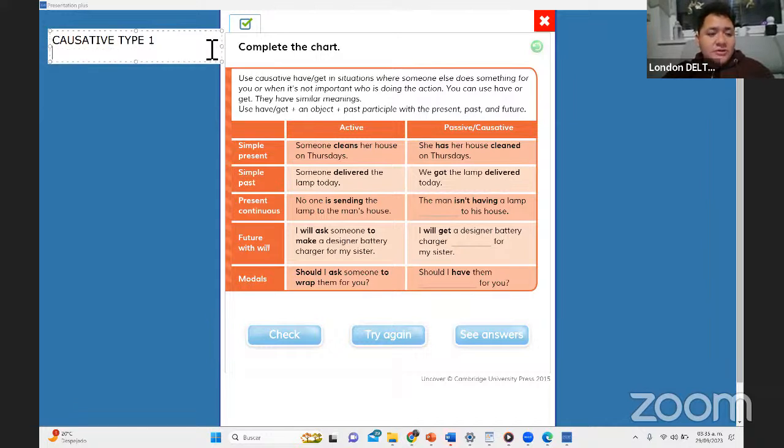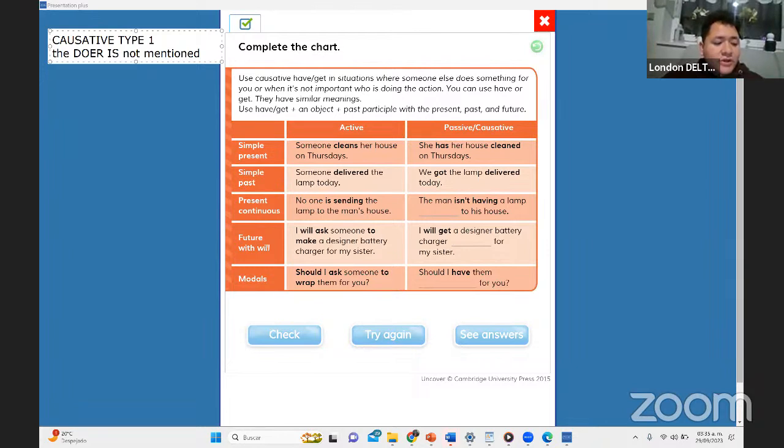You use it when the doer is not mentioned in the activity. La persona que hace esto no es mencionada en la oración. Okay, here you see the examples. Aquí no dice quién le limpia la casa, no se menciona qué tipo de contratista o qué tipo de profesionista, digamos, haría esta actividad por esta persona, right?